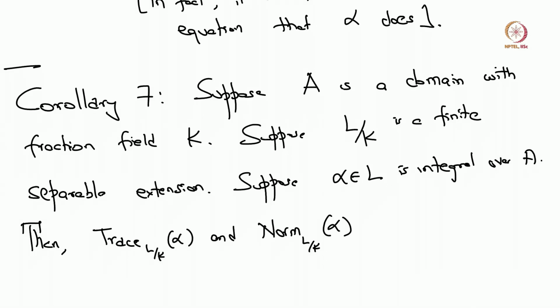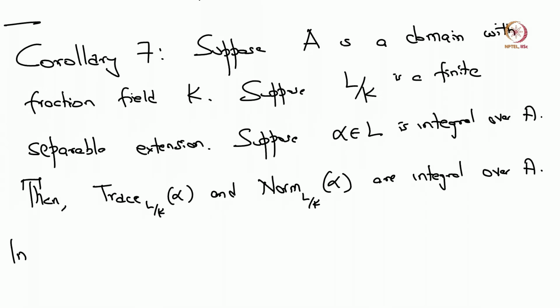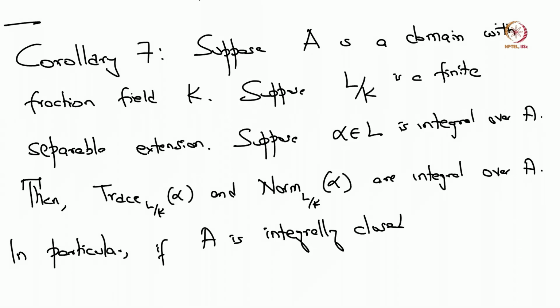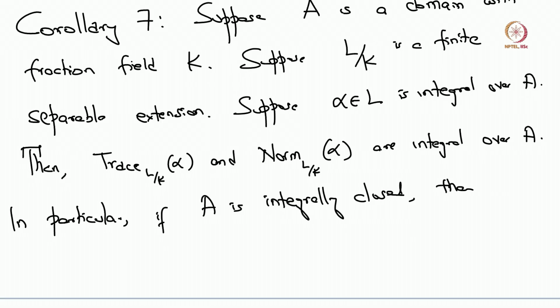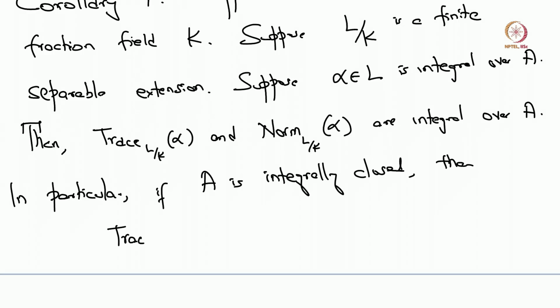So the trace and norm are integral over A, and in particular, if A is integrally closed, then the trace and the norm in fact belong to A.